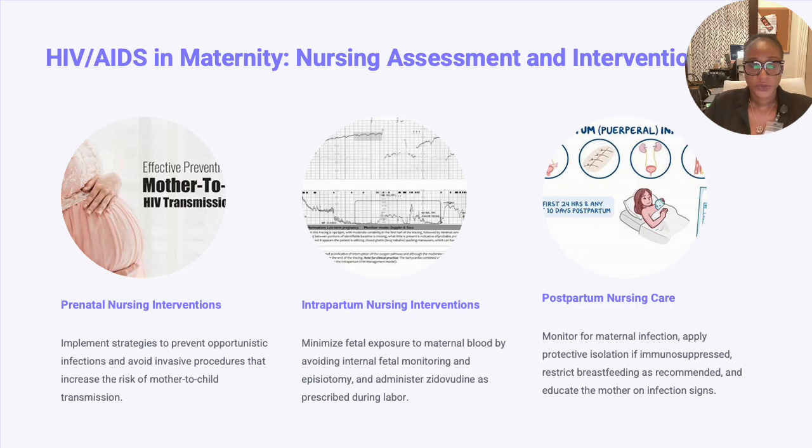During the intrapartum period, if the fetus has been exposed to HIV in utero, the highest risk exists during delivery, of course, through the birth canal. So avoid the use of an internal scalp electrode for monitoring of the fetus. And avoid episiotomy to decrease the amount of maternal blood around the birth canal, of course.